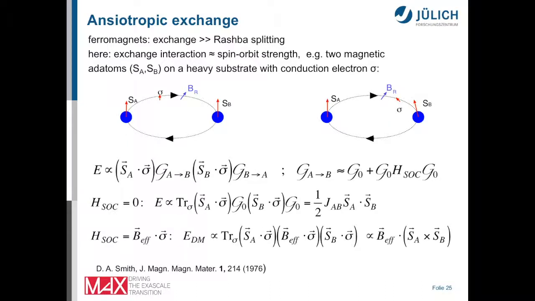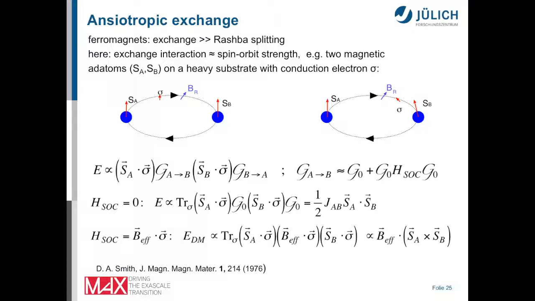But now, if you have spin-orbit coupling scattering somewhere on the way from A to B, and the spin-orbit coupling operator I've shown you, you can think this is a kind of effective B field times sigma, and now you evaluate this product of these three couplings to the spin, and then you see that this has actually the form of effective B field times SA cross SB.